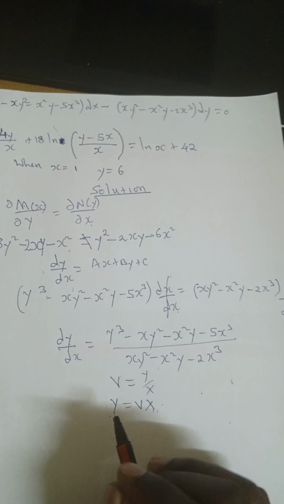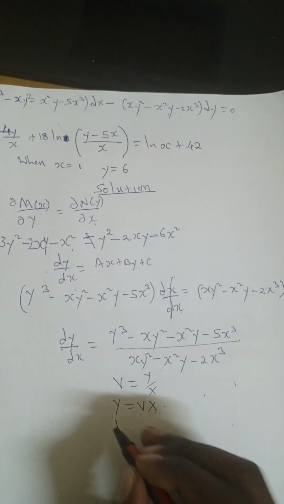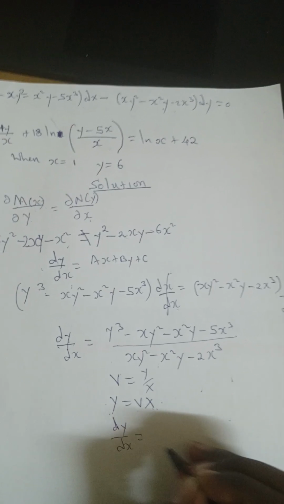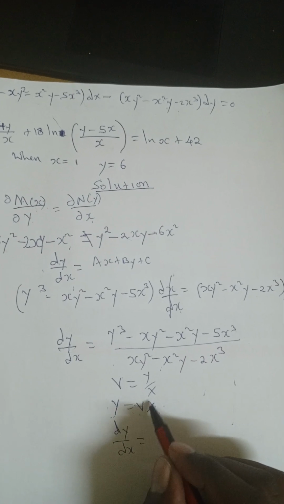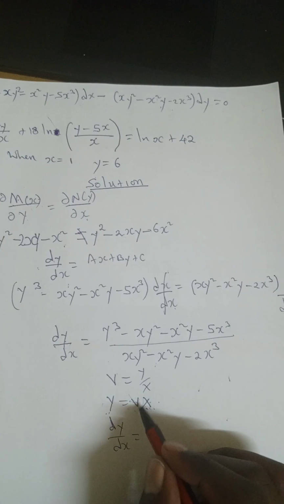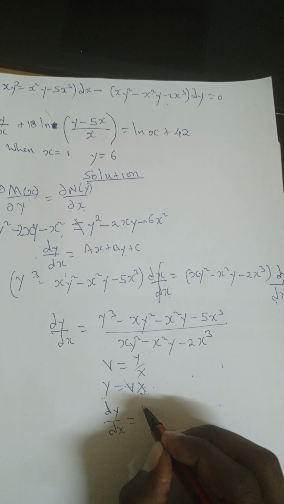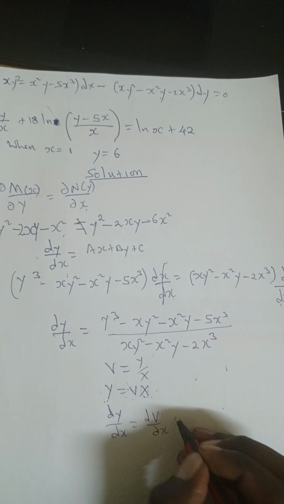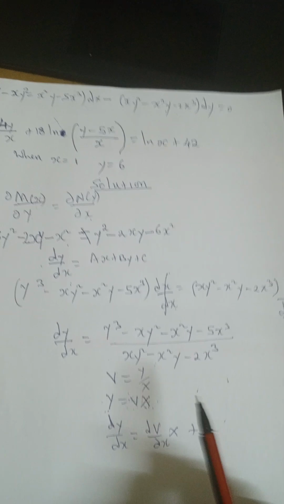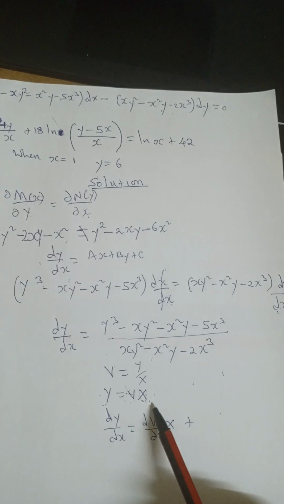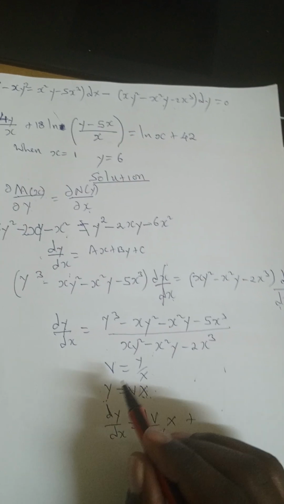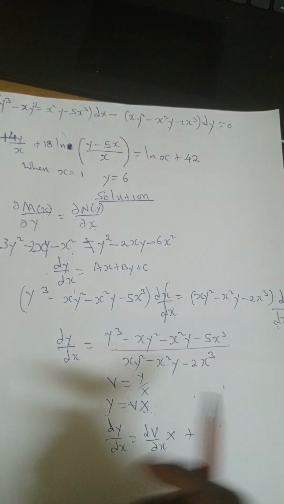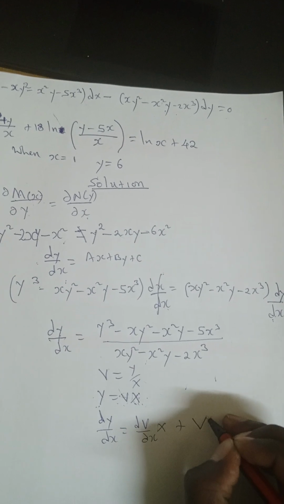So when we differentiate this equation with respect to x, this is going to be dy/dx equal to, this is a product. So when we differentiate, we're going to differentiate first v with respect to x, which is going to be dv/dx multiplied by this x, then plus, when we are differentiating x with respect to x, which is just going to be 1, then 1 multiplied by v, we're going to have v.